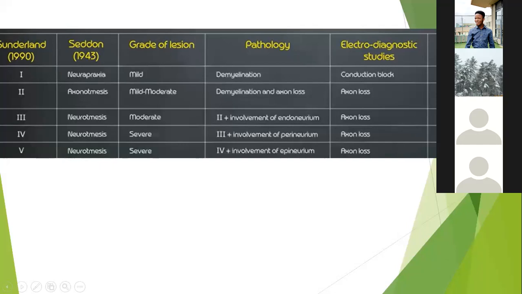What does that mean? You can have a crush injury where you place or crush something very heavy on the nerve. If you do not remove that crushing object, it means that for a long time you'll have that damage, will have blood, will have infiltration of the immune response.